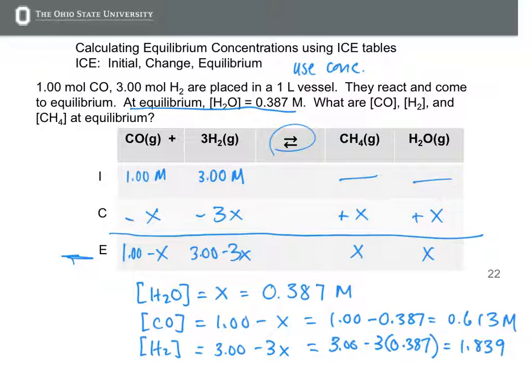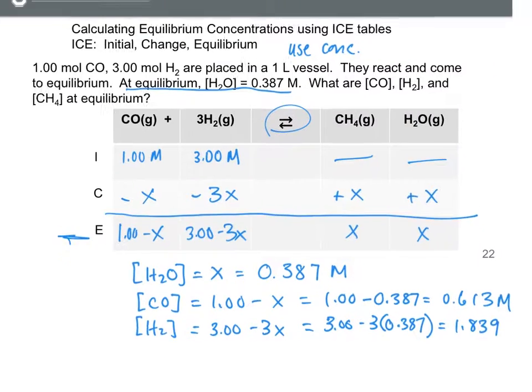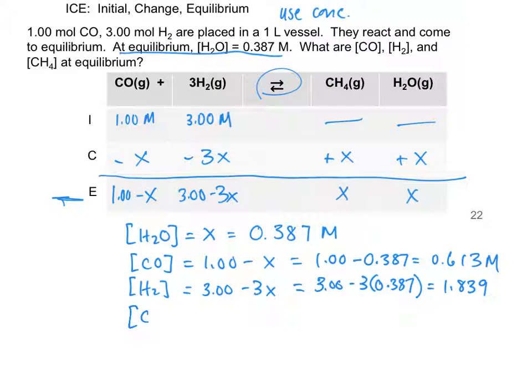That makes sense, right? Yep. And then CH4 is going to be equal to just x, 0.387. Okay. Does everyone see how we did that?